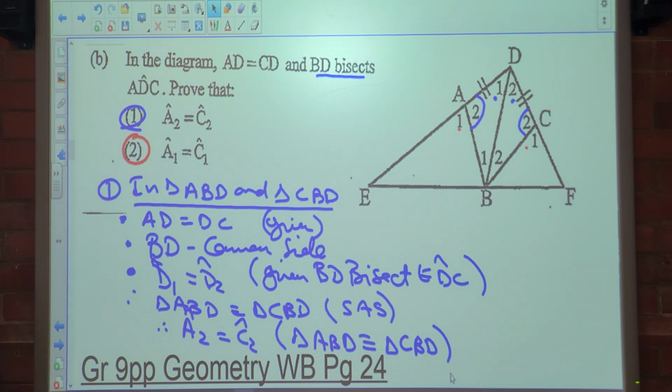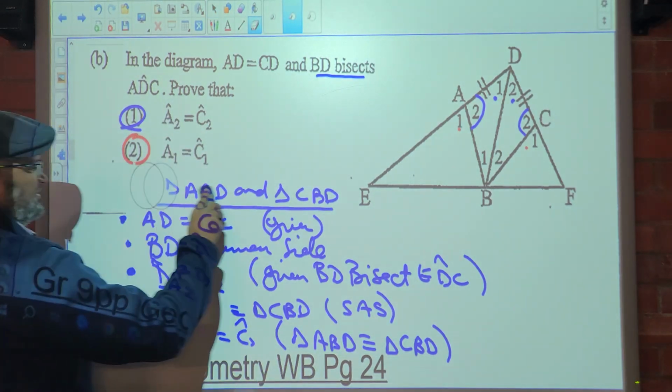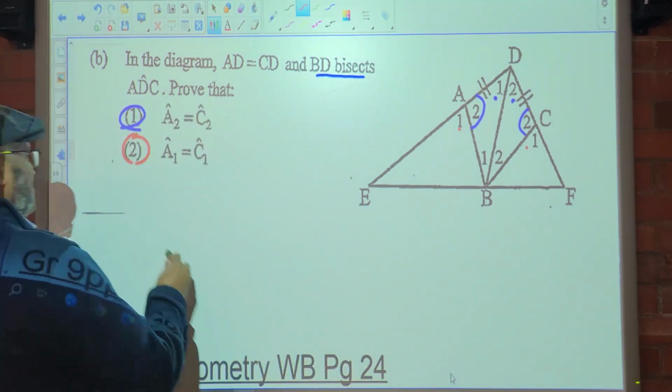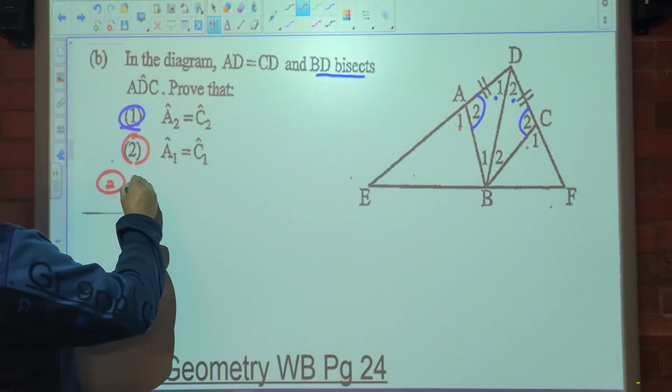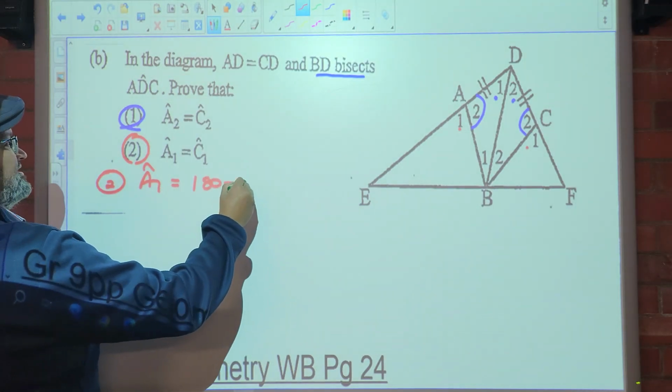What is A1? A1 is equal to 180 minus A2. Why? Angles in a straight line. Okay. A1 is equal to 180 minus A2.